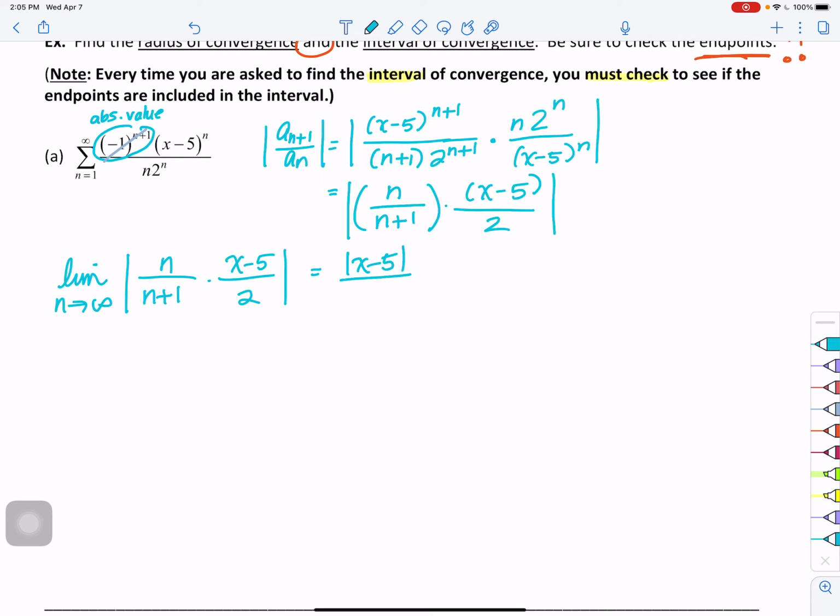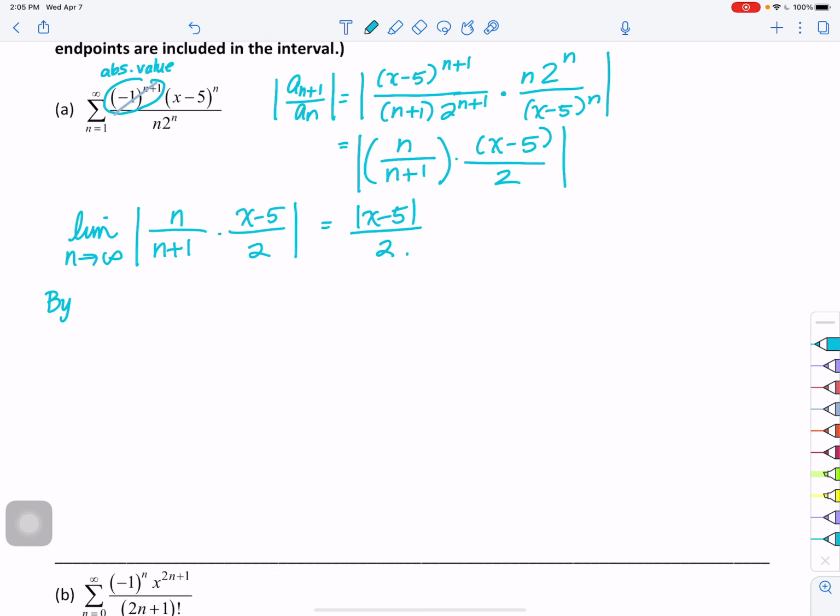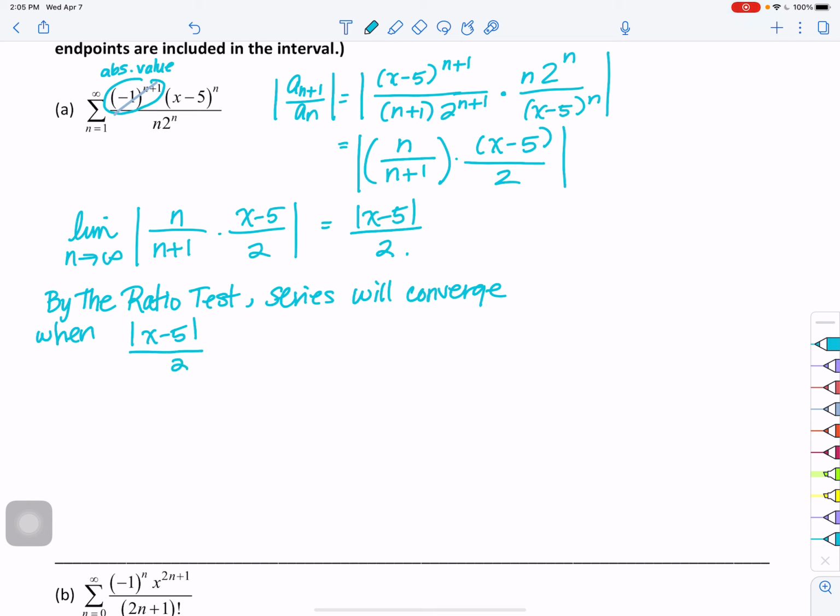Okay, so what does the ratio test say? The ratio test says the series will converge when the absolute value of x minus 5 all over 2, whatever comes out of that limit, is less than 1.